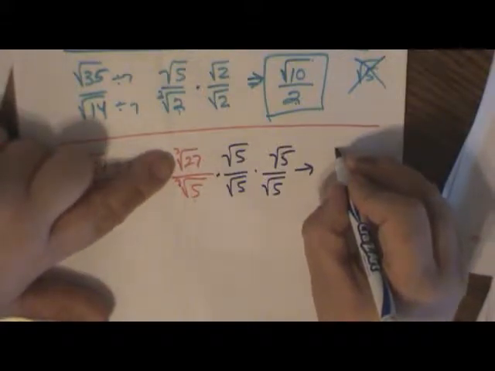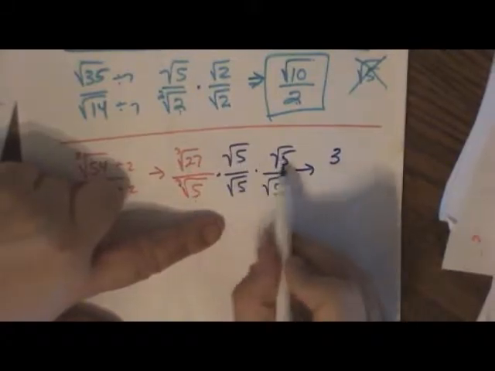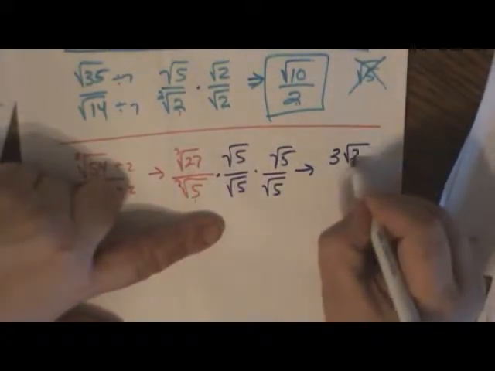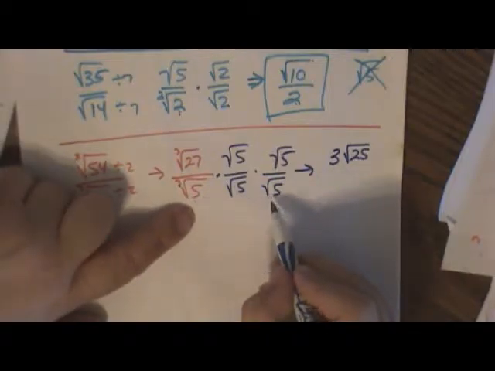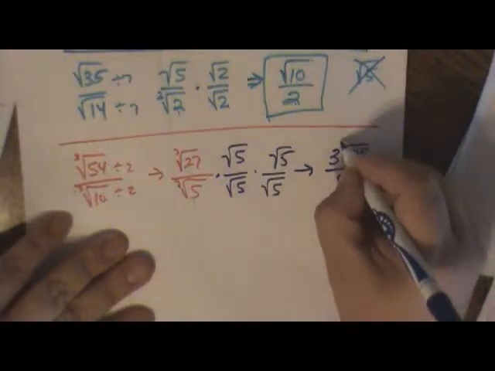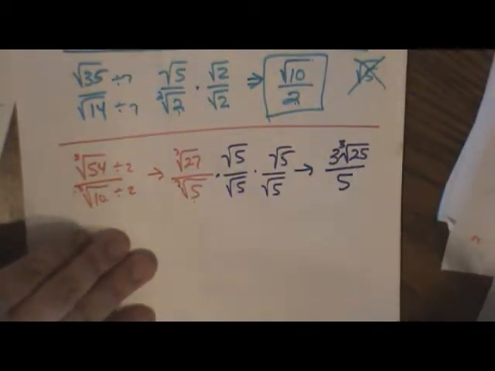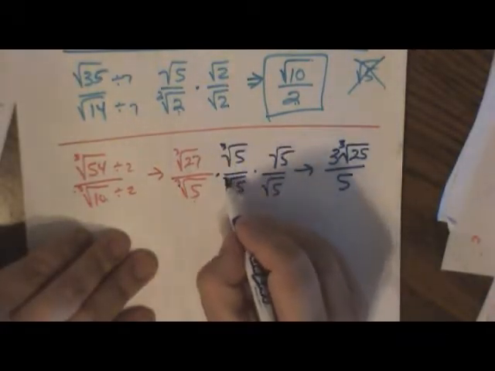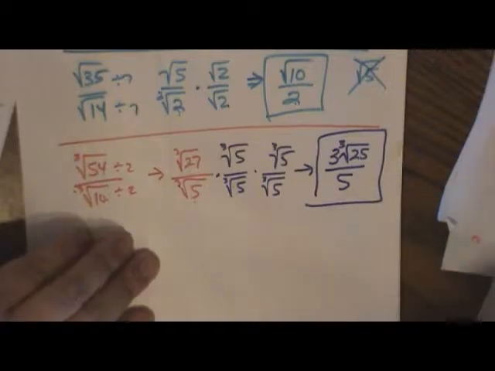So I'm going to pull out a 3 here. But since there's still just 2 of these on the top, we have to leave them inside. Now we have 3 5s on the bottom that we can pull out a 5. And of course I forgot to write my little 3 here, which would make it wrong. Okay, and that would be our answer.